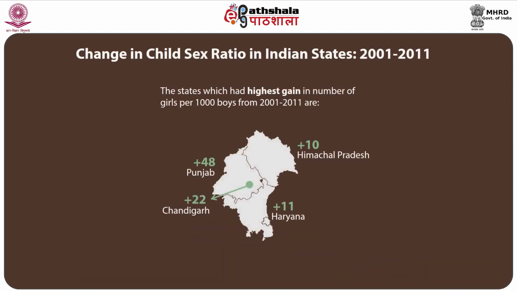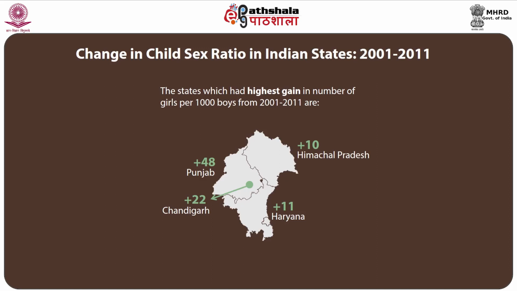It is also important to look at which states have gained in terms of the number of girls per 1000 males. For instance, in Punjab, although Punjab still shows a very low child sex ratio, there has been substantial improvement over the last census decade, between 2001 and 2011.